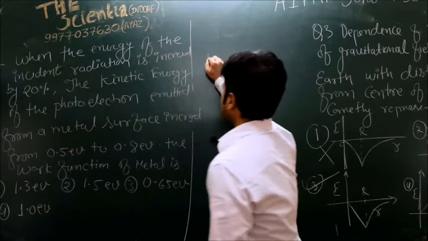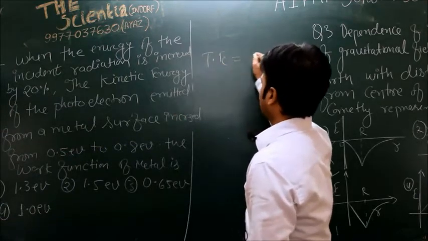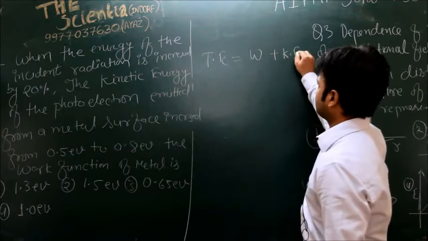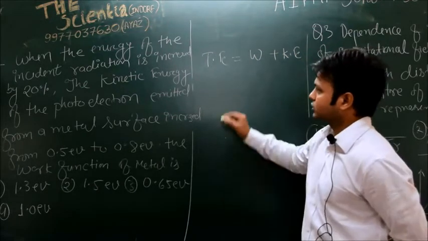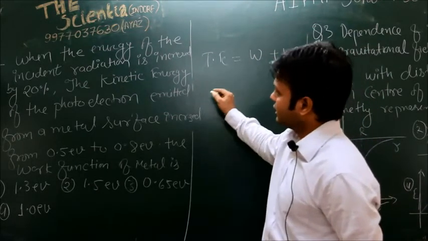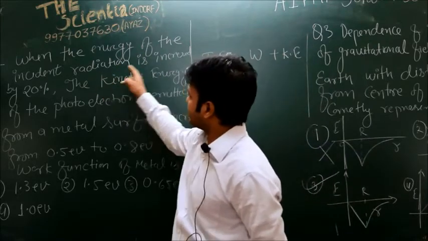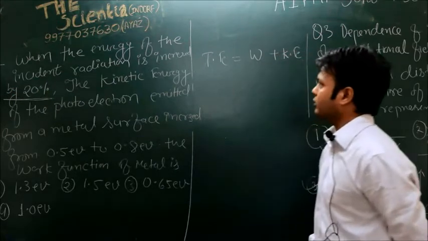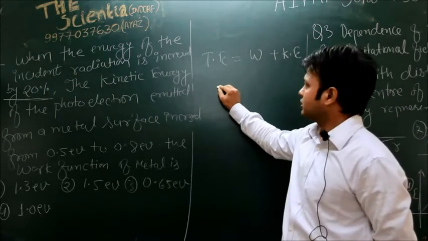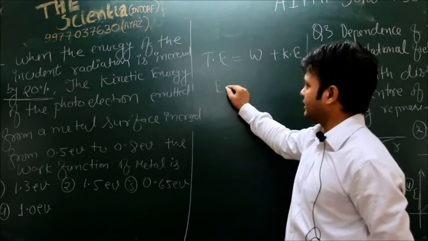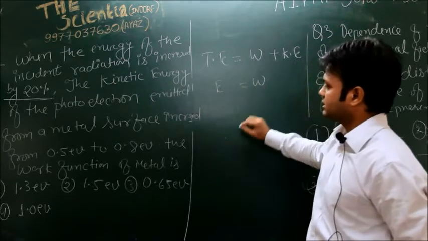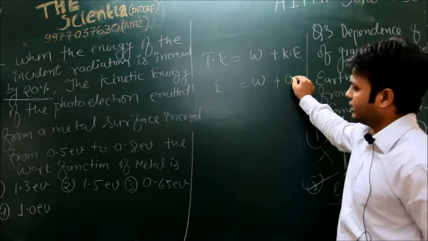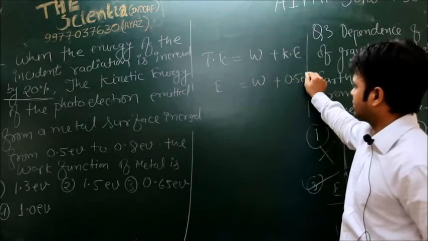So the total energy is equal to work function plus kinetic energy. When the energy of the incident radiation is increased by 20%, the total energy is increased by 20%. Let the initial energy be E, the work function W, plus kinetic energy 0.5 electron volt.